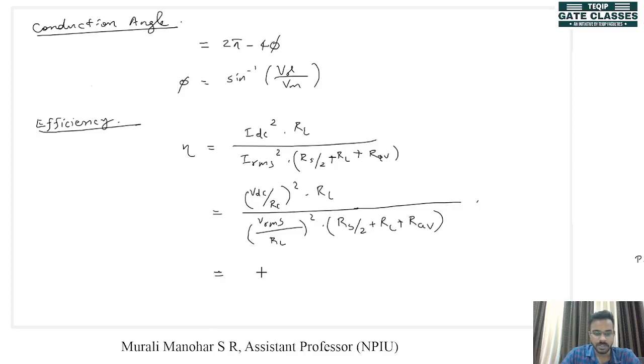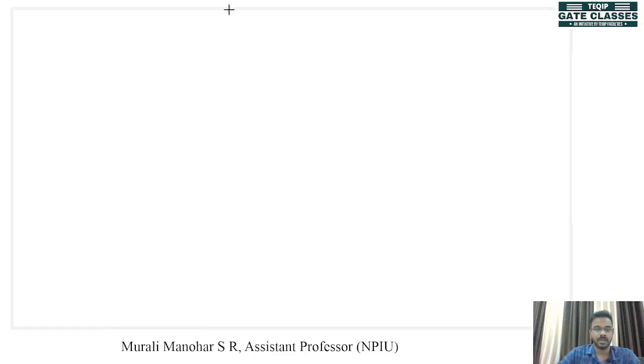Okay, now this becomes VDC by VRMS the whole square into RL divided by RS by 2 plus RL plus RAV. Now we have already found VDC.